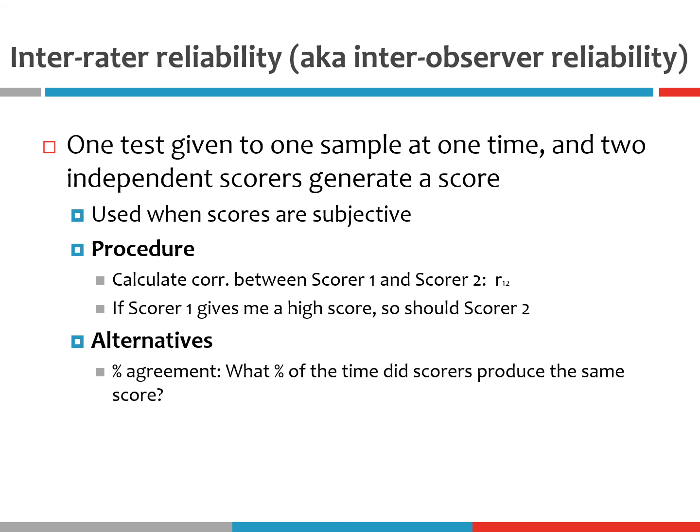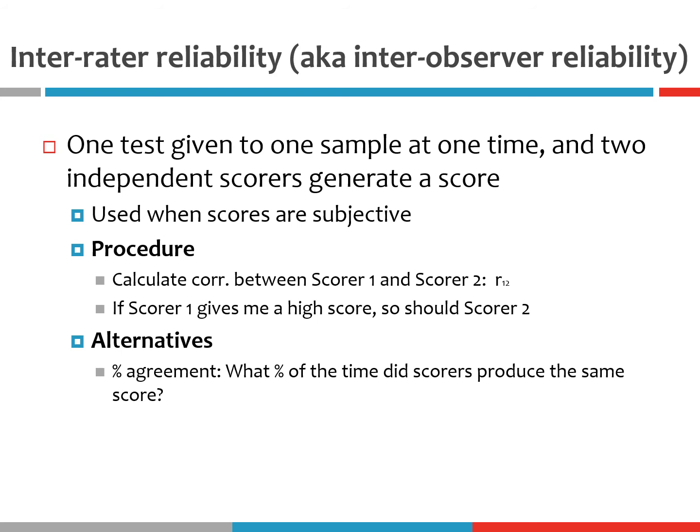This is when one test is given to the same sample at one time, and two independent scorers or two independent observers calculate a score.